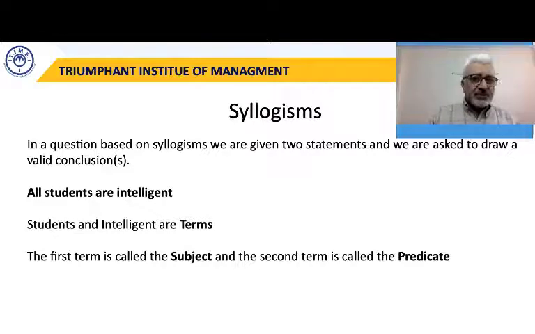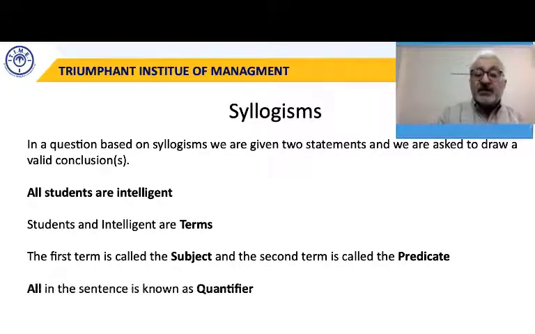We are also using some English grammar jargon, all right, because it is based on the English verbal reasoning section. So the jargon that we are using is also related to grammar, right? So students is a subject here and intelligent is a predicate. Okay. We have another word also here, and that is all.